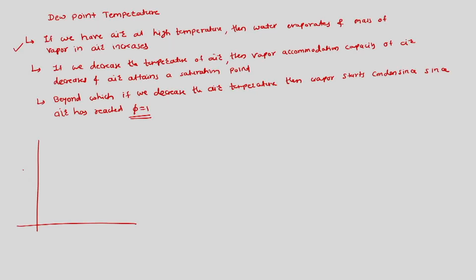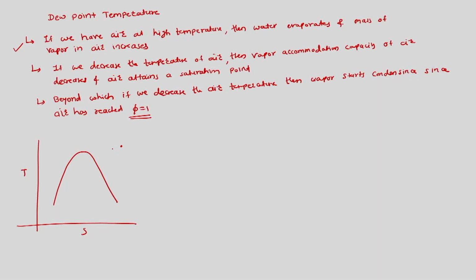So if we put it in a thermodynamic process, then we are saying that we are having water vapor at a certain superheated state in the mixture of air plus water vapor, which we are calling air. So this is the condition. Now if we are reducing the temperature of the mixture, obviously vapor temperature would also decrease, since vapor is in thermal equilibrium. So vapor temperature is decreasing, but we are doing it at the same pressure, so it is a constant pressure line.